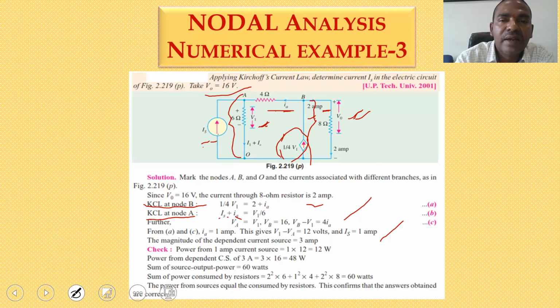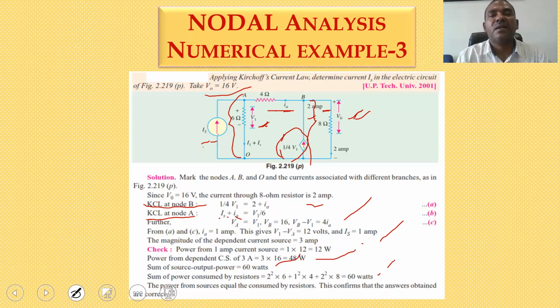Once you have calculated this, you can go for the calculation of powers also. The dependent source power is 48 watts. The source power of Is you can get as 60 watts. The power consumed by the resistors in the total network is also 60 watts. So this is the law of conservation of power.